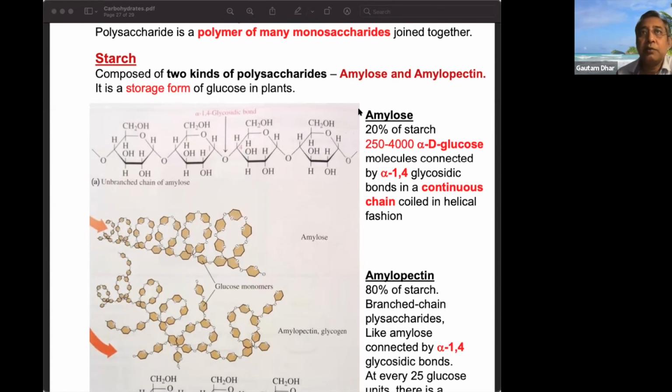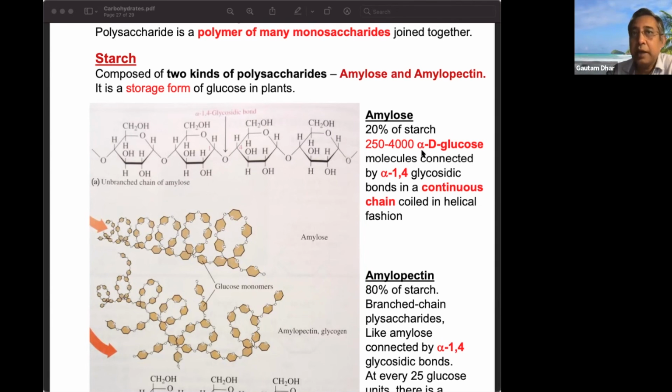Amylose is basically 20% of starch, and it can be 250 to 4,000 alpha D glucose molecules connected. What you need to know is this alpha 1,4 linkage. This is important because you need the alpha 1,4 digesting enzyme in order to utilize the starch. Now, this amylose is kind of simple.